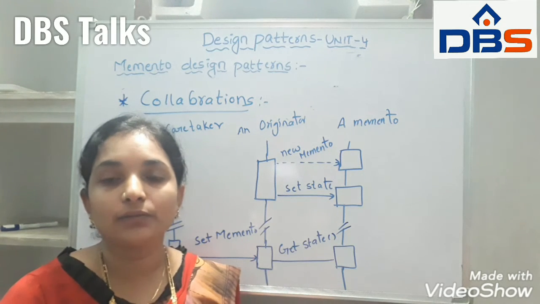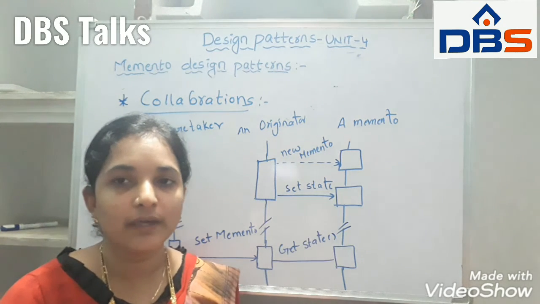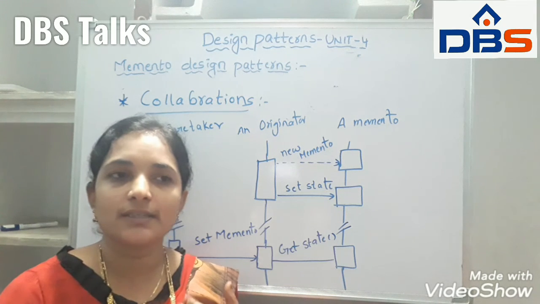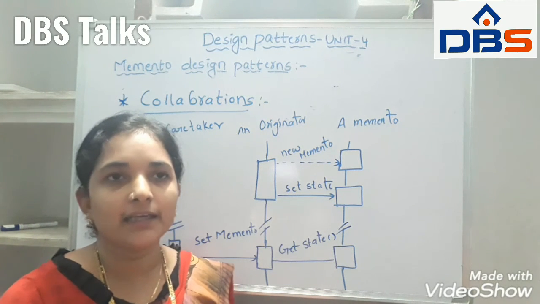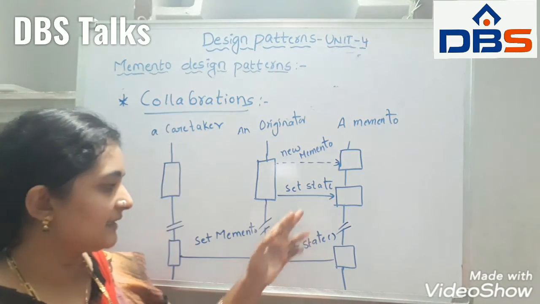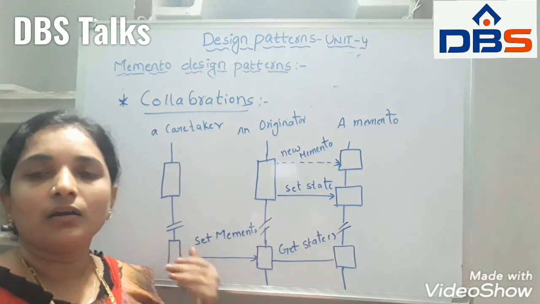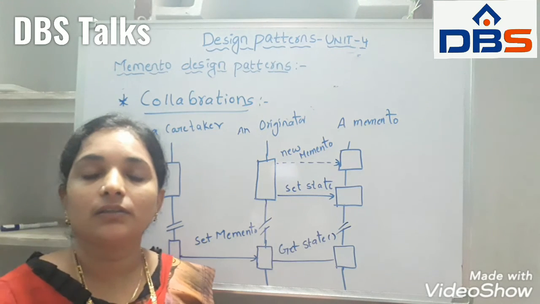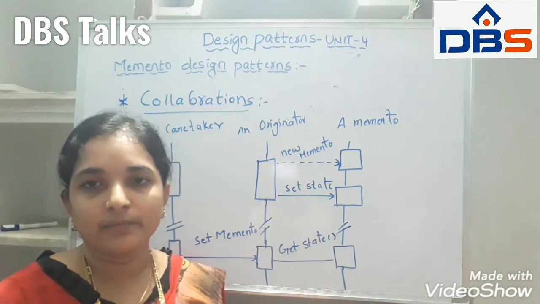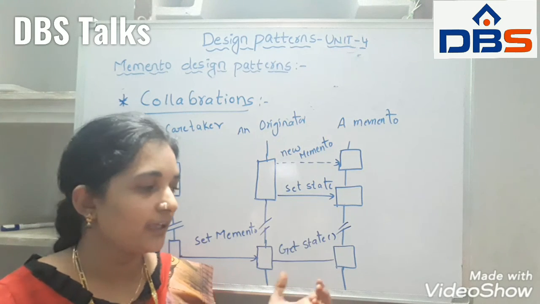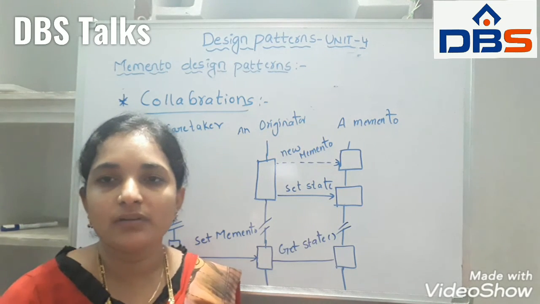He doesn't go back, and he doesn't do any rollback operations using the memento design pattern. He doesn't send any set state or get state request to the caretaker. He just uses the present information and moves forward. So that is how the communication occurs in the memento design pattern.